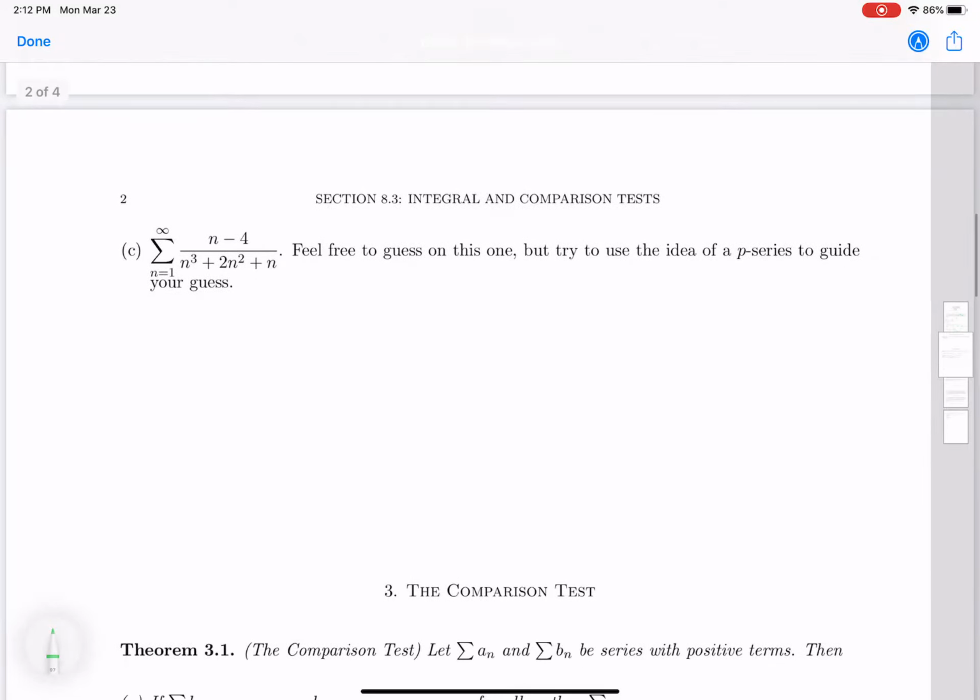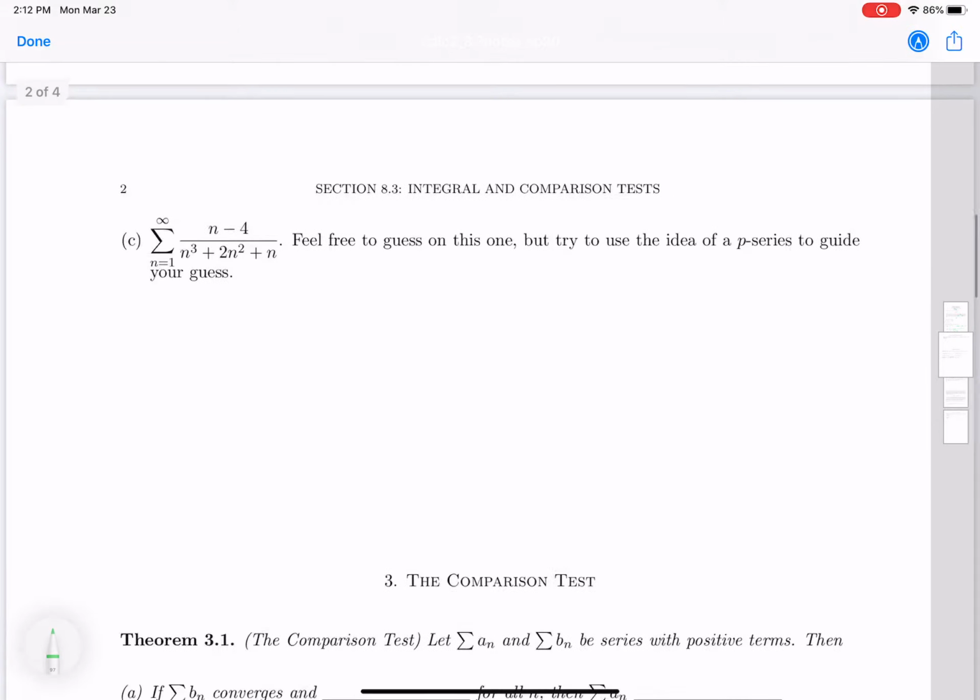All right, letter C. Here, the idea of this one, how we can connect it to a p-series, is we can say, well, look, the biggest term here is n. As I go to infinity, that n is going to become the biggest thing in the numerator. And as I go to infinity, that n cubed is going to be the biggest thing in our denominator.